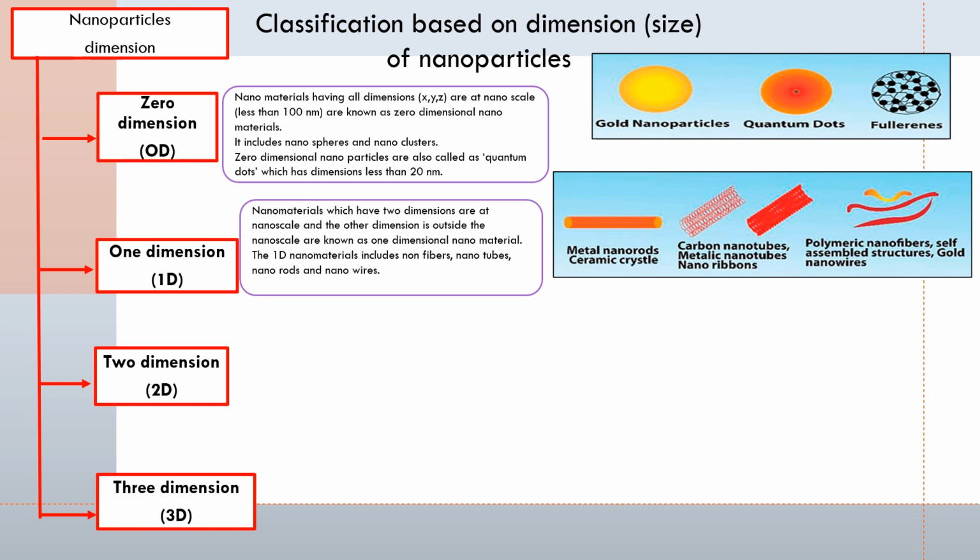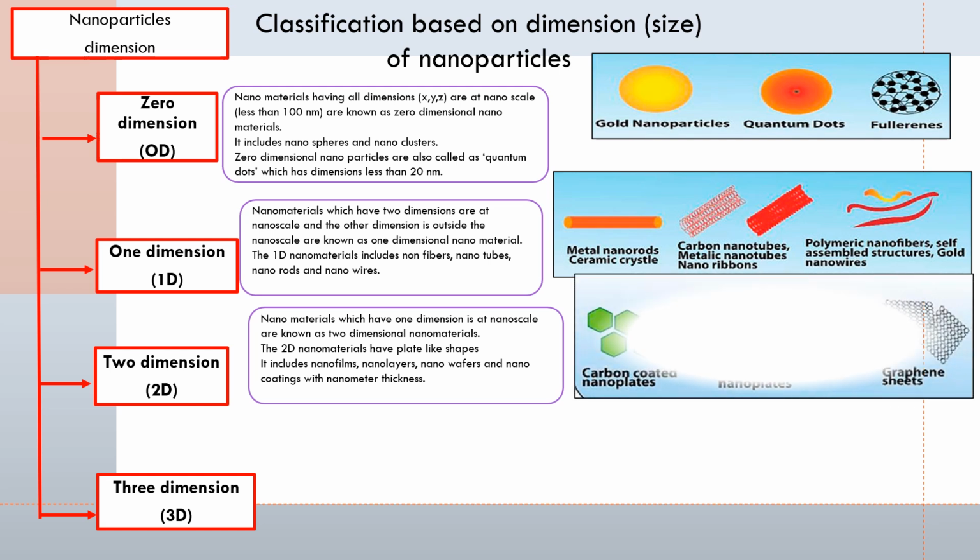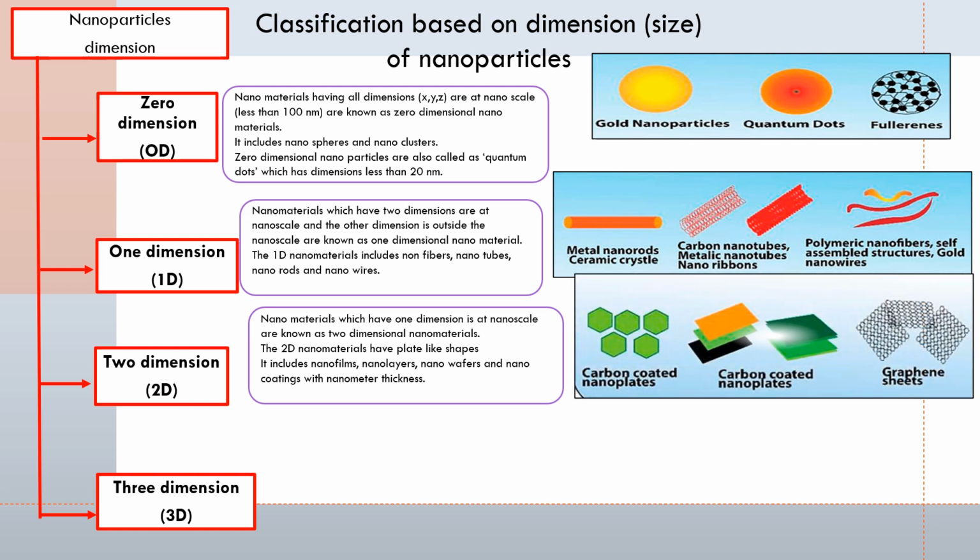Two-dimensional nanomaterials have one dimension at the nanoscale. It includes nanofilms, nanolayers, nanowafers, and nanocoatings with a nanometer thickness. See the examples, then you can understand the two-dimensional nanomaterials.